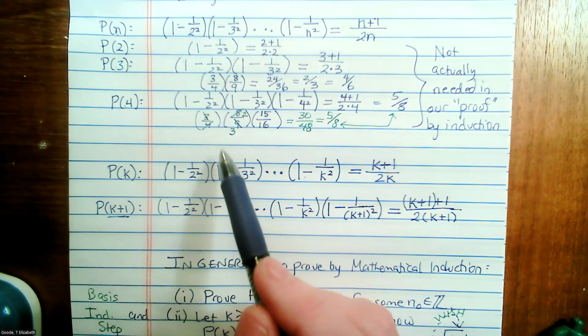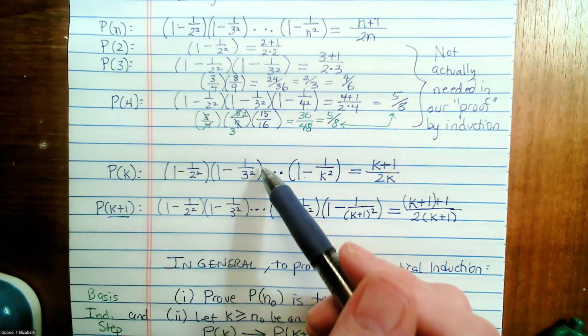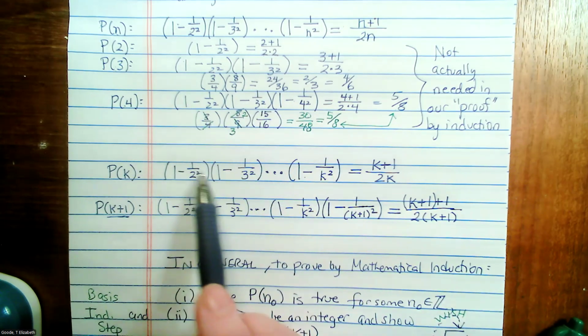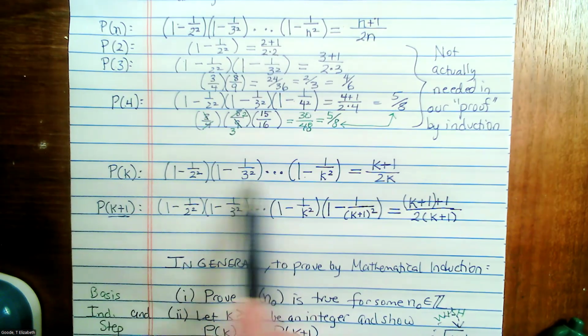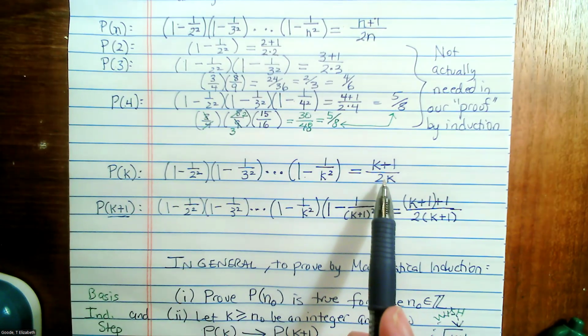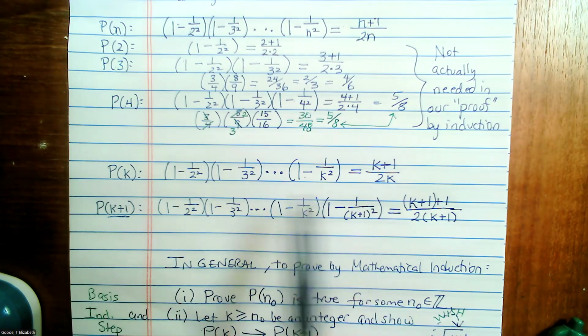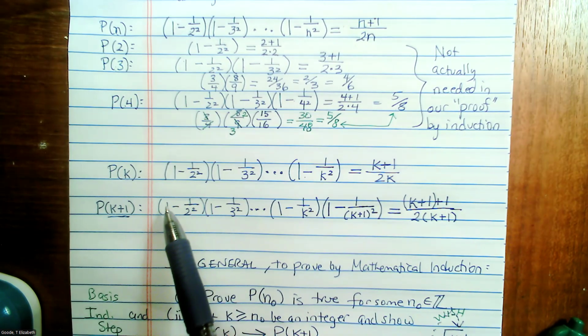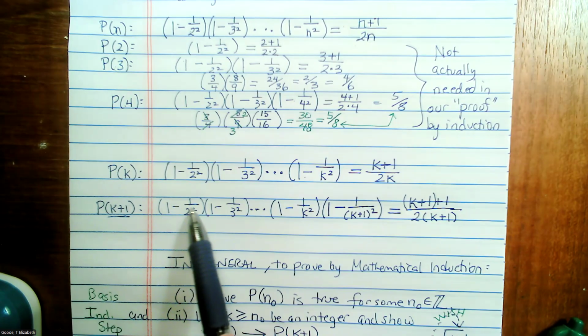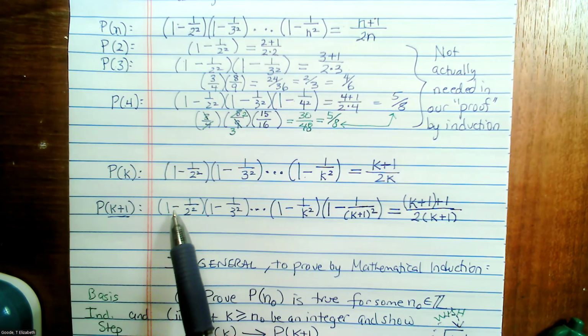So this practice of just getting out some pencil and paper and writing a few out and practicing writing P of K on paper before you try to attack what's on the screen, because it can be really confusing on the screen because it looks weird and the boxes are a weird size and everything.